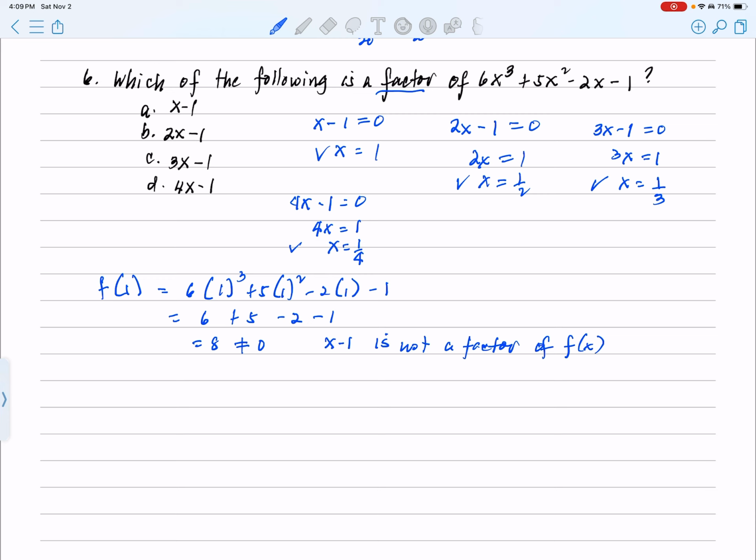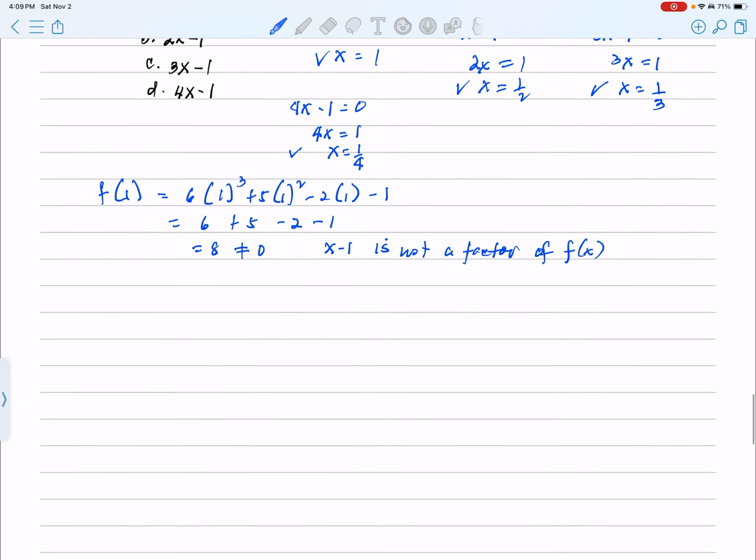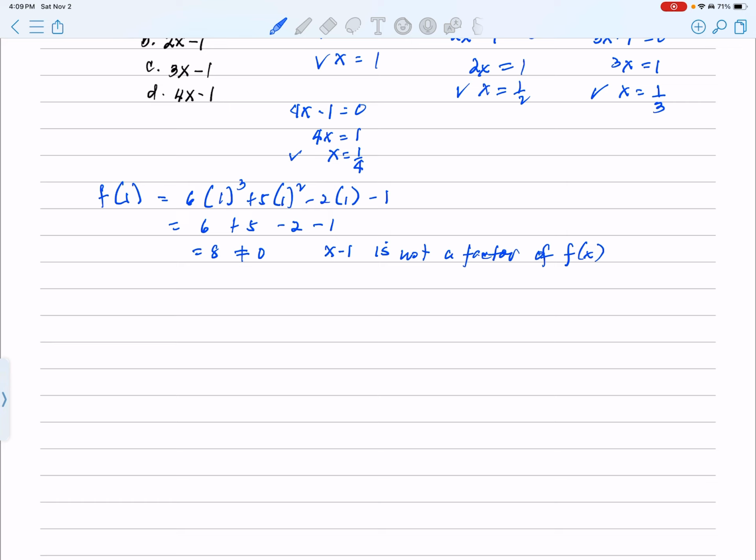Okay, let's do the second one. What happens if it's 1 half? So 6 times 1 half cubed plus 5 times 1 half squared minus 2 times 1 half minus 1.